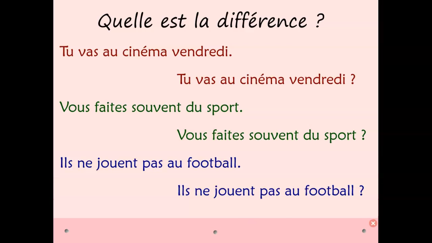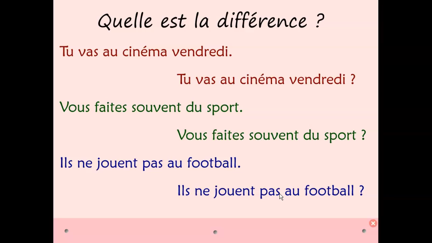Our third one was il ne joue pas au football, which would mean they don't play soccer. The second option, il ne joue pas au football? Don't they play soccer? Remember that you can create negative questions. It's not something we use a lot, but it is something that you can do in French simply by taking the verb and making it negative.